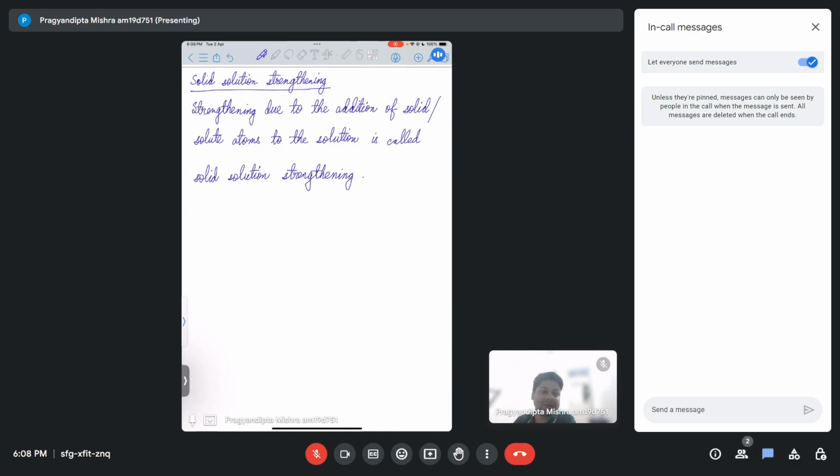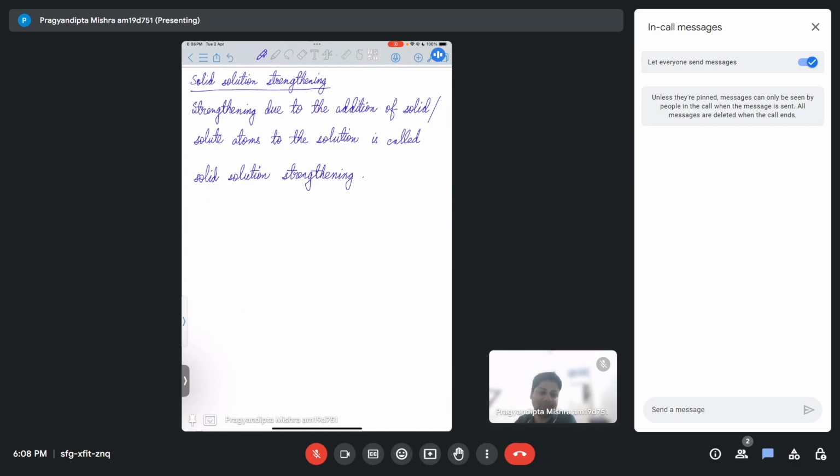Now the obvious question that will arise is, we did the same thing while doing precipitate strengthening, right? We added certain elements or atoms into the solution, and because of that we saw formation of precipitate phases which causes strengthening. So how are these two different? Essentially, solid solution strengthening and precipitate strengthening have a similar starting point. You have a matrix and you start adding solute atoms to it, and in the process you either get a solid solution or you get a precipitate. What they differ in is whether you are adding the solute atoms within the solubility limit.